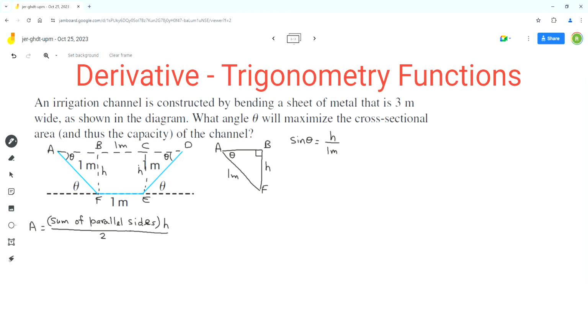So H divided by 1 is just H. This is the height of the trapezoid in terms of theta. Now we can use the cos ratio to find side AB in terms of theta. So AB over 1 is just AB.